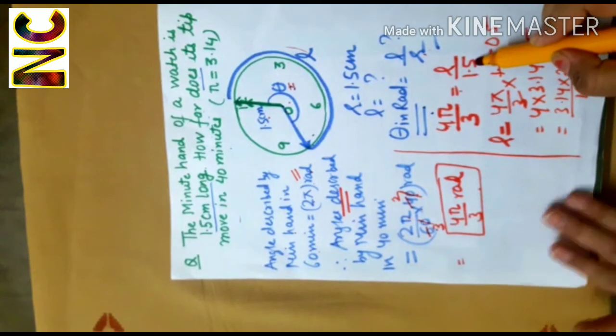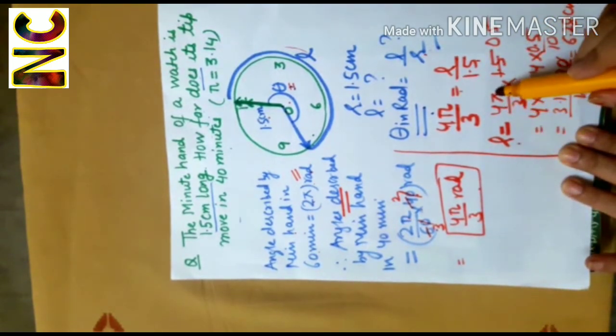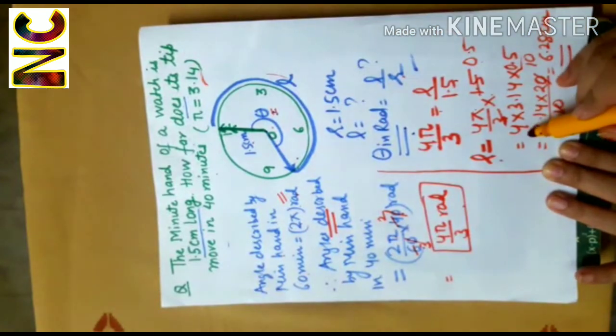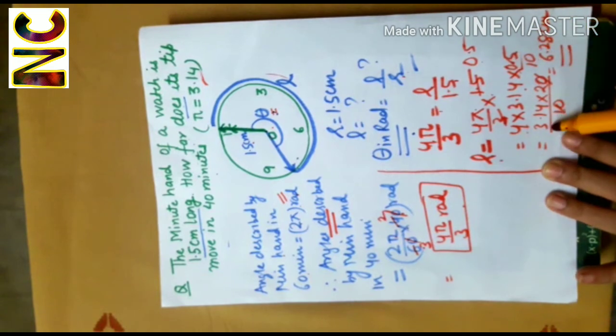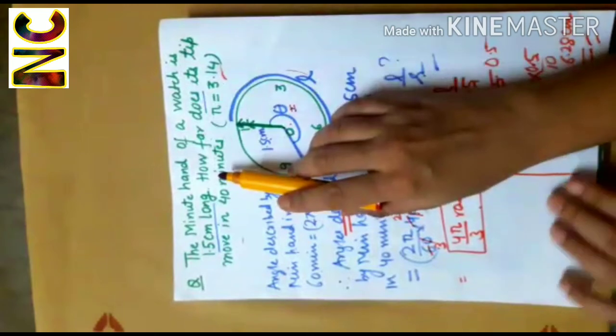From here, length of the arc will be 4 pi over 3 into 1.5. And pi we have to use 3.14. So it's 4 into 3.14 into 0.5. So that will give you 3.14 into 20 over 10. And that is 6.28 centimeter.